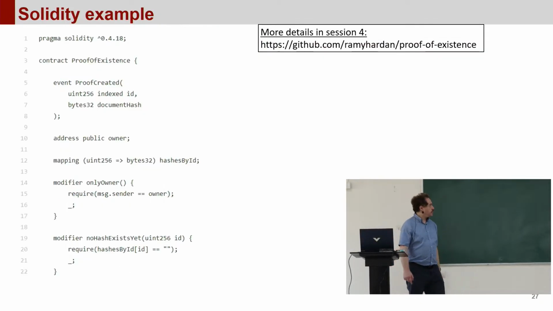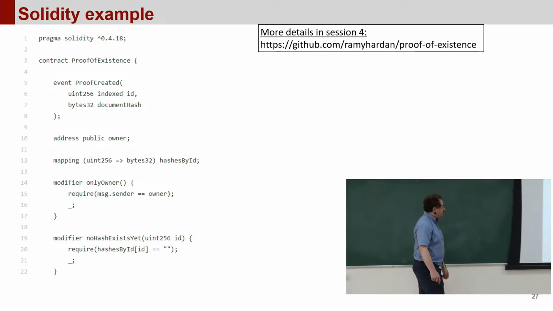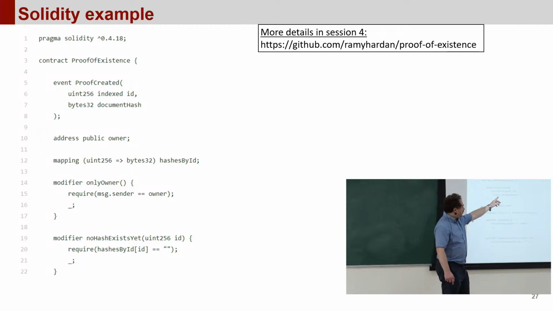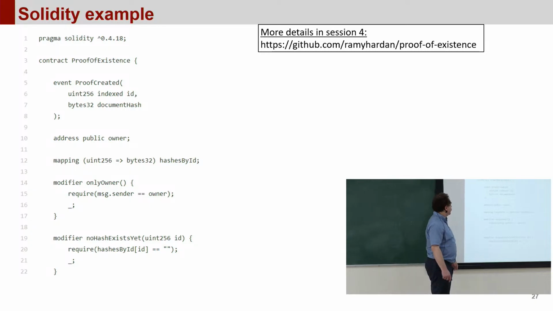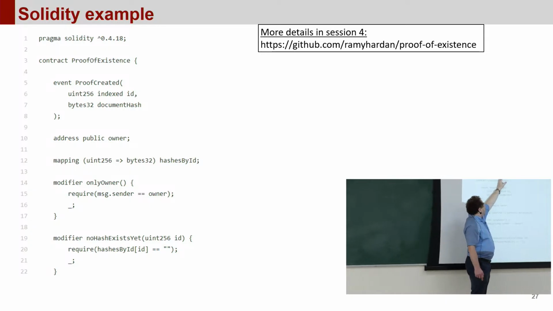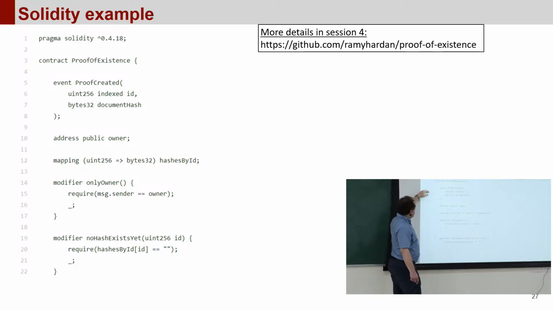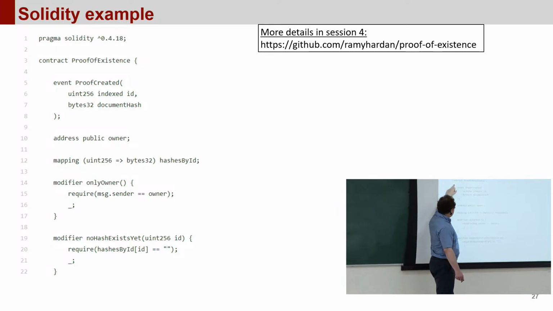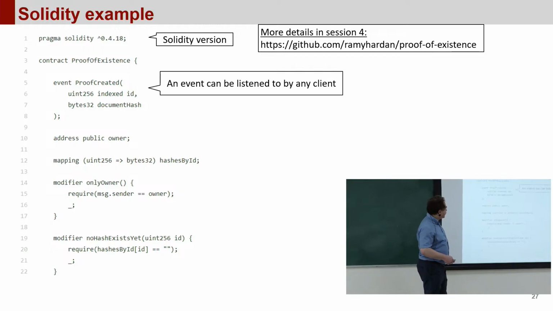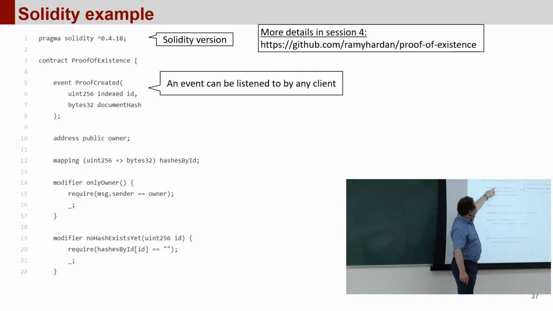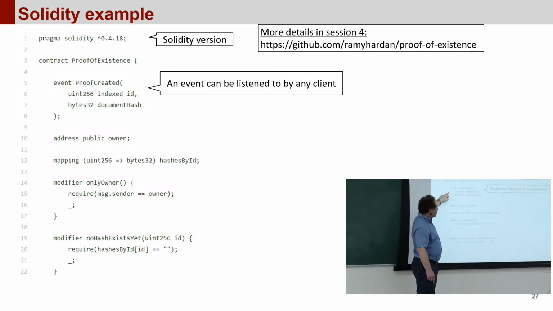So now we can take a brief look at a Solidity example, taken from a proof of existence contract. This is the definition of a type, which can be listened to by any client.